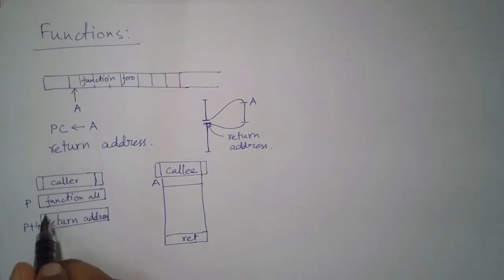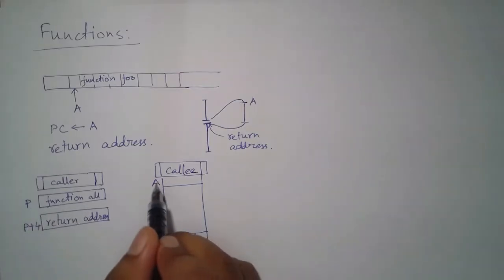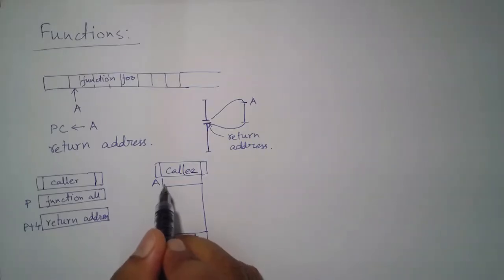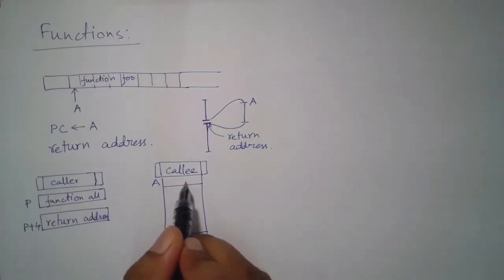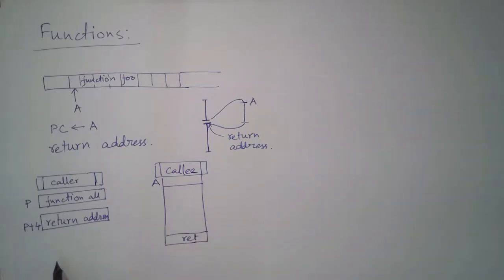The next step will be that you update your PC with the new address of where the function is, and also you save the return address, which is PC plus 4. All right.